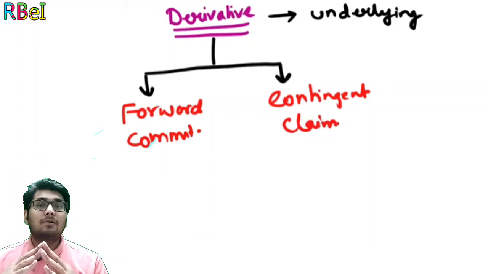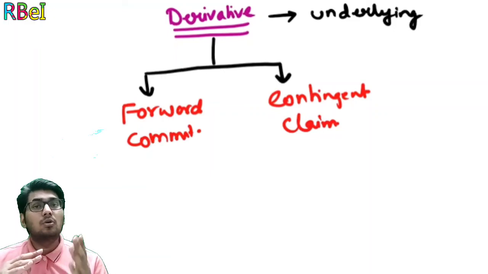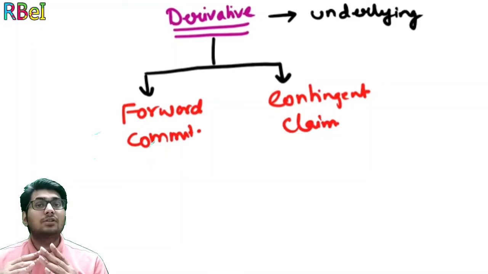But there is another type of derivative, that is contingent claims. Contingent claims means if the event takes place, then only I will buy the apple, or then only I will sell the apple, otherwise I won't. Suppose the event is that the price of the apple in the market goes above 60, and I had a contract with you to purchase apple at the rate of 40, then only I am going to buy.